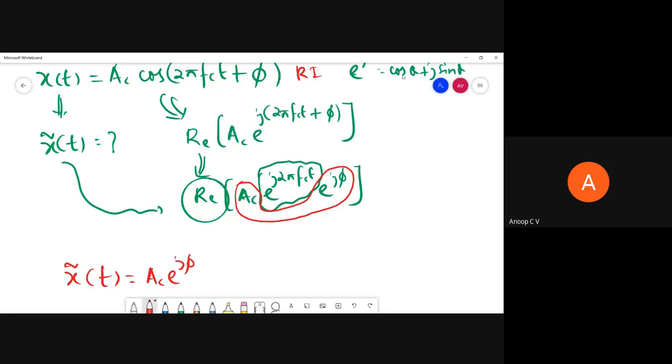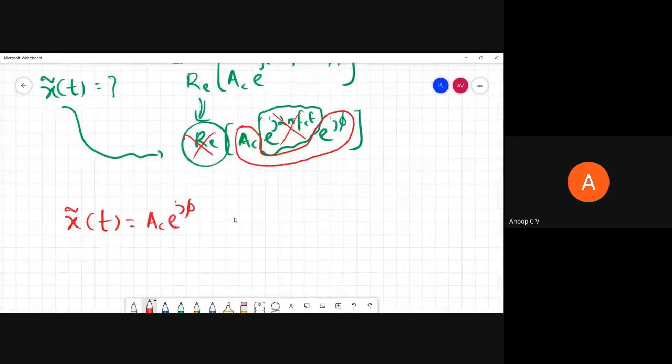If it is cosine of something, I can write it as the real part of that, and if it is sine, it is the imaginary part of e power j theta. Then if we suppress the real part and the e power j 2 pi f_c t, whatever is remaining is the low pass equivalent. That is the idea.